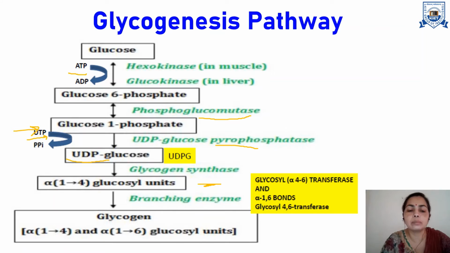Now here, if no glycogen primer is available, then a specific protein named glycogenin can also be used as a primer, and it acts as an acceptor of glucose from UDPG. So UDPG is going to donate the attached glucose to the primer molecule or to some other protein like a glycoprotein, and then glycogenesis will be initiated.